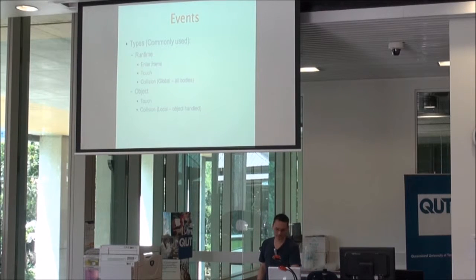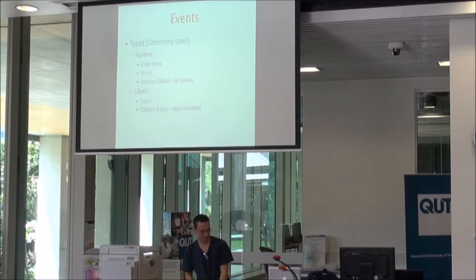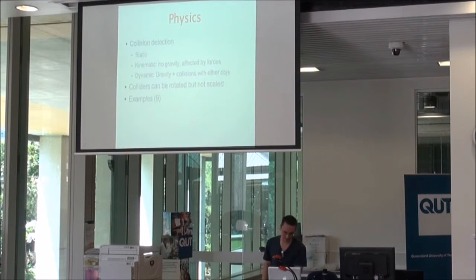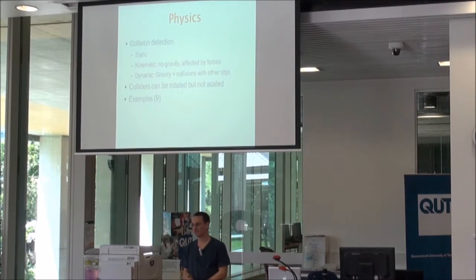Also, you can have collision events. That's when you assign physics. I will talk a bit more about that later. Okay, here it is. You have three types: static, kinematic, and dynamic. It's similar if you have used Unity. You have to assign a rigid body to one object in order to be triggered.